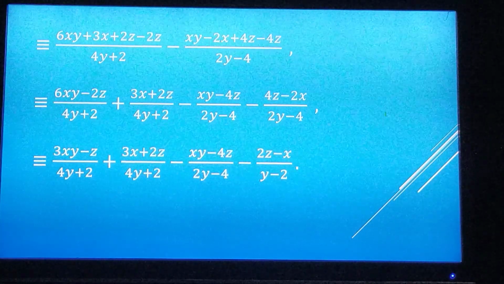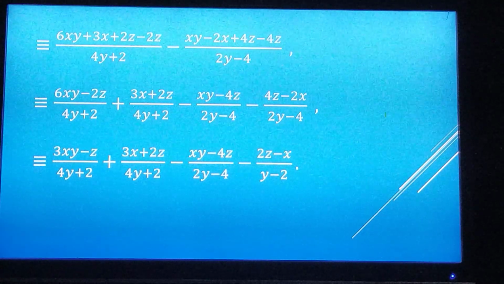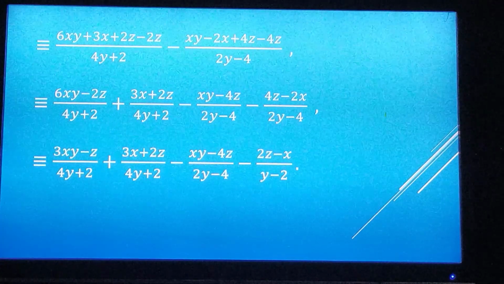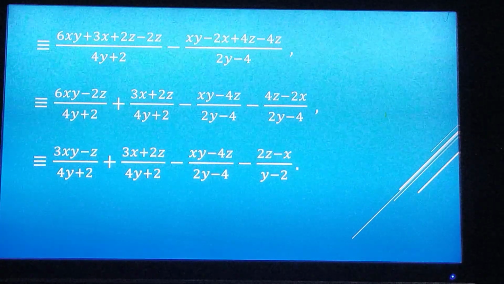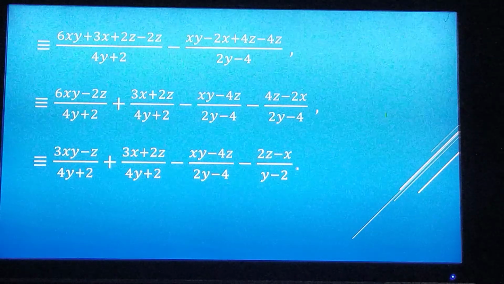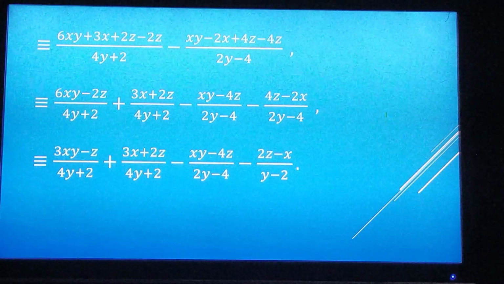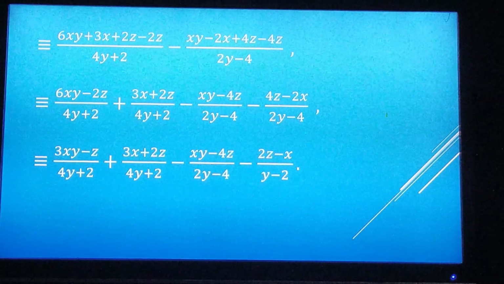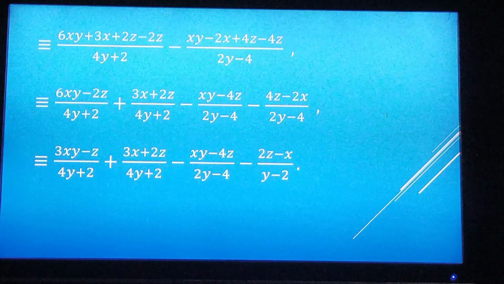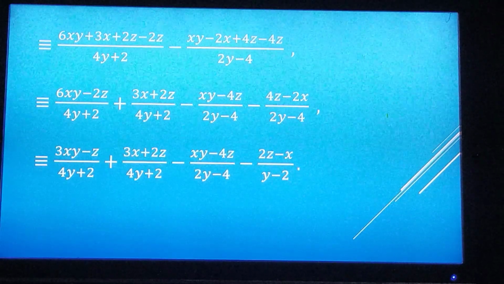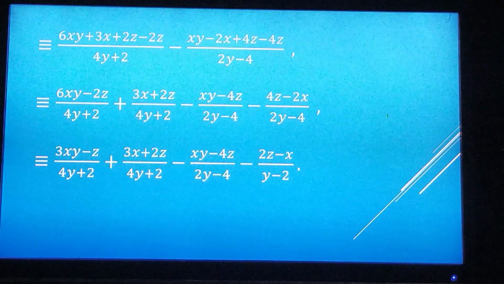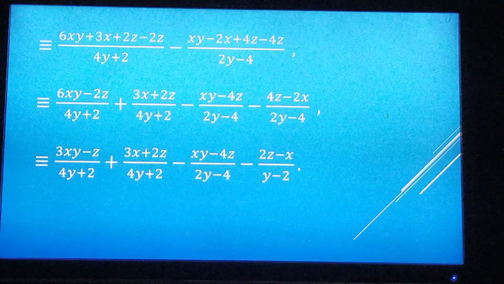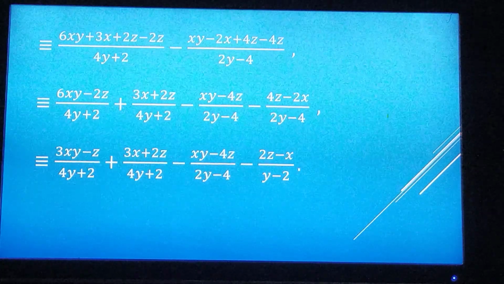So we introduce a third variable by doing this in the first expression above, by adding 2z minus 2z, and on the other, in the second fraction, by adding 4z but at the same time subtracting 4z, and then splitting the 2, and we get these 4 rational expressions involving x, y, and z.